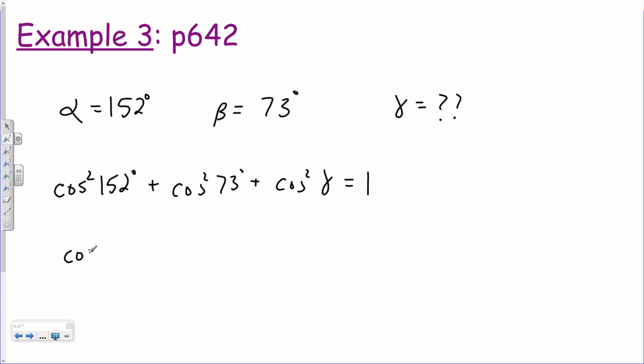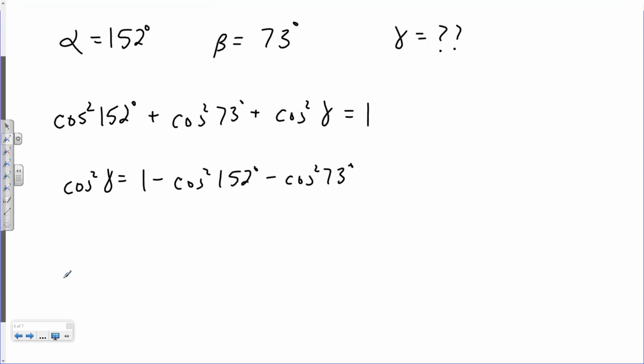The cosine squared of gamma is equal to 1 minus, let's move these other two quantities to the other side, 1 minus the cosine squared of 152 degrees, and then minus the cosine squared of 73 degrees. And since it's cosine squared here, to solve for gamma, I have to take the square root of both sides. Don't forget you get a plus or minus.